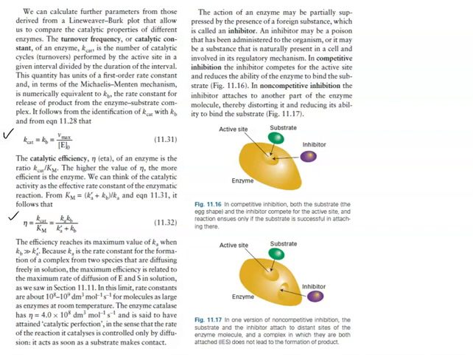The efficiency reaches its maximum value of K sub A when K sub B is much greater than K sub A prime, because K sub A is the rate constant for the formation of a complex from two species that are diffusing freely in solution. The maximum efficiency is related to the maximum rate of diffusion of the enzyme and substrate in solution.